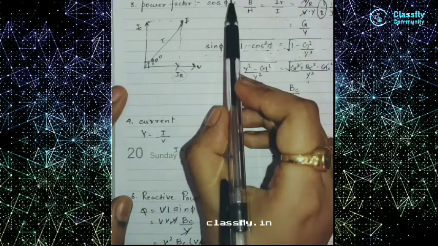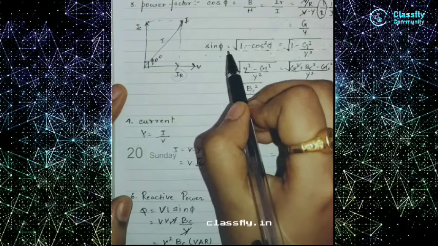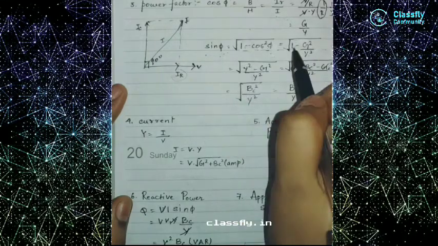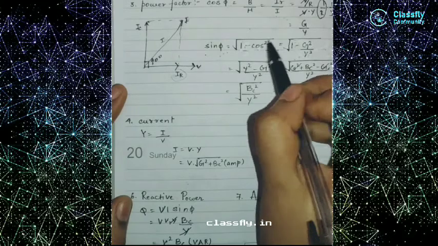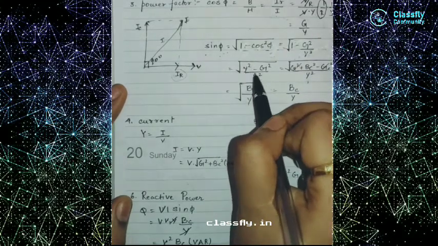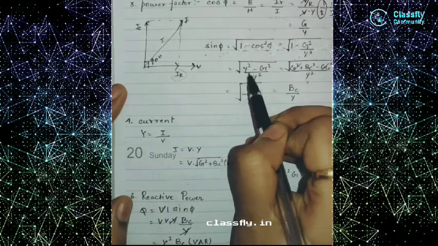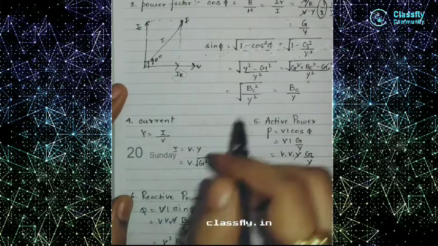Sin phi, we have already found the cos phi, so we can write, we know the formula that sin square is equal to 1 minus cos square. So we will take the square this side, that means here will be a square root. When we solve, it is 1 minus G square by Y square, because cos phi is G by Y. We take this Y square up, and this Y square becomes an LCM, and we know that Y is admittance, and we have already found admittance equal to G plus BC.